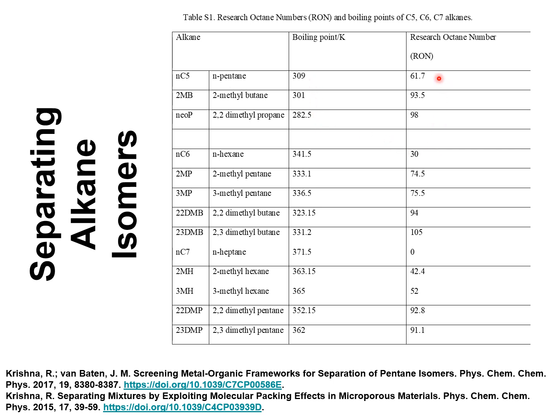But if you look at the research octane numbers, we note that the branched isomers have significantly higher research octane number than normal pentane. The same is true for the isomers of hexane and heptane. The branched isomers have higher octane numbers than the linear ones.